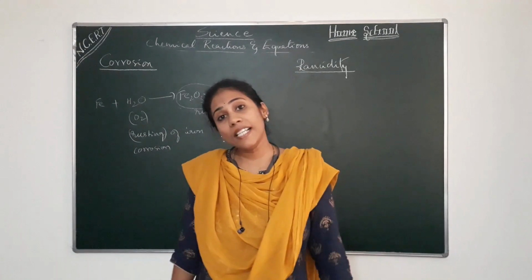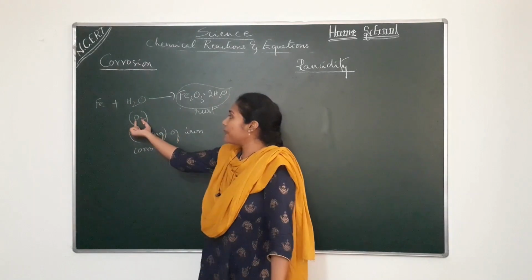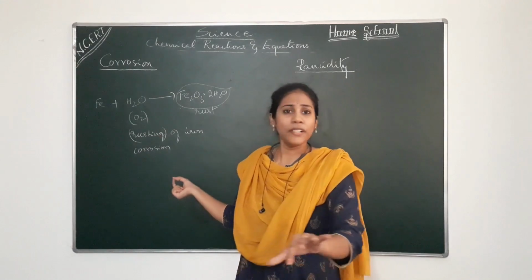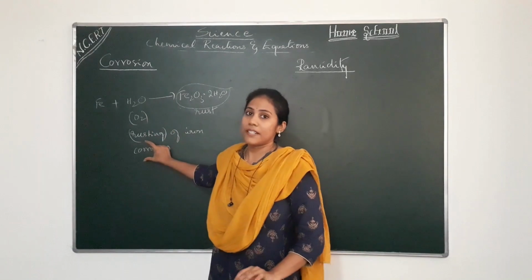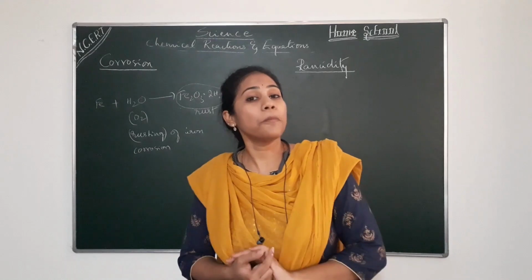When is this metal getting spoiled? When it is reacting with atmospheric oxygen or water or any other compound present in the atmosphere. Iron is reacting with these two substances. Another metal may react with another substance present in the atmosphere.